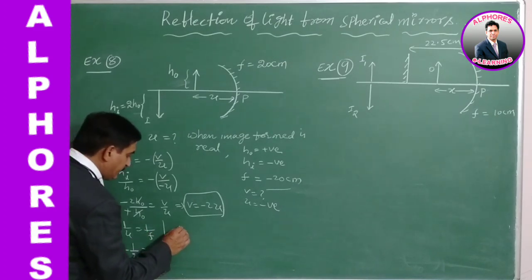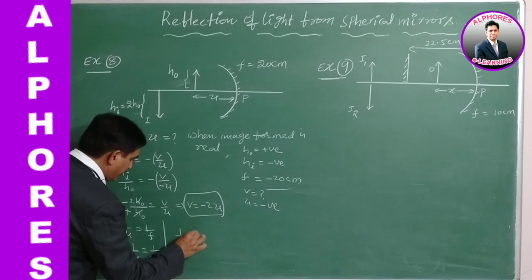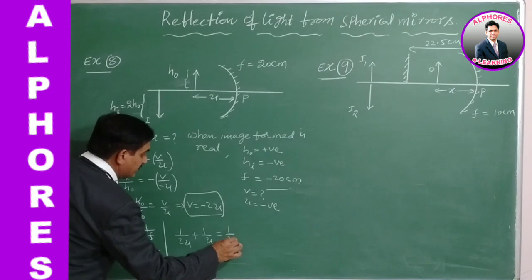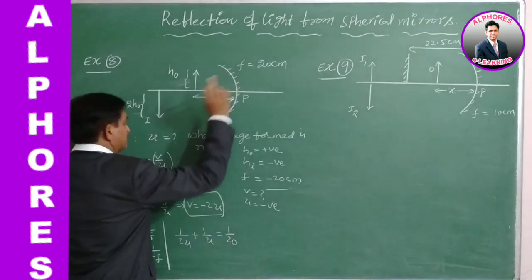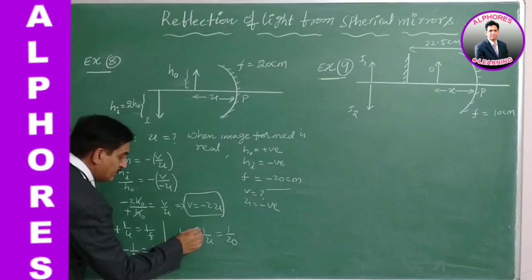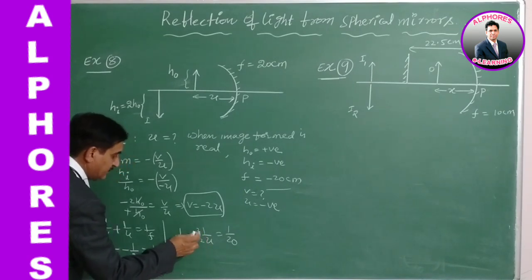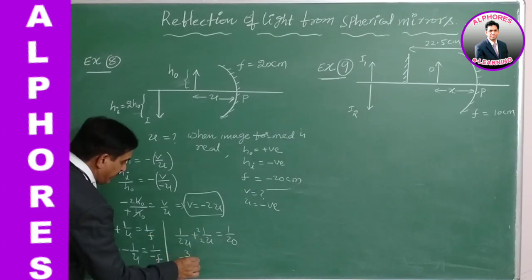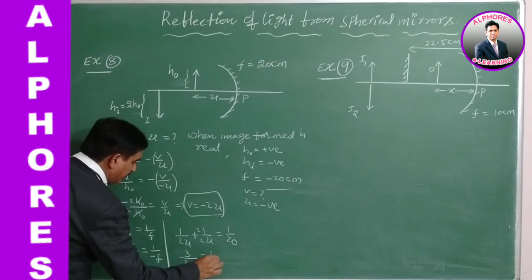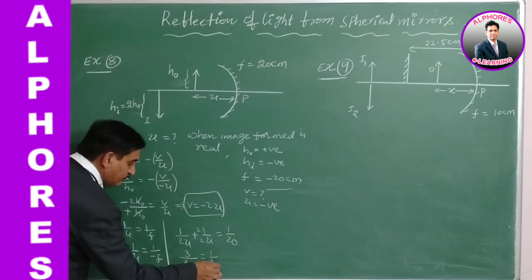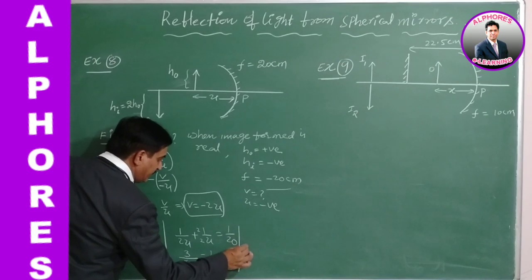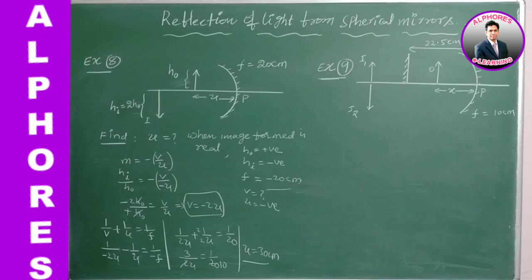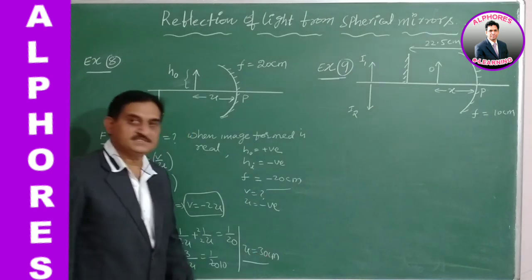You will get 1 by 2u plus 1 by u is equal to 1 by f. f is 20 centimeters. Now multiply and divide by 2 here: 2 plus 1, that is 3 by 2u is equal to 1 by 20, so 2 times u. So you will get u is equal to 30 centimeters. You are getting the object distance u as 30 centimeters.